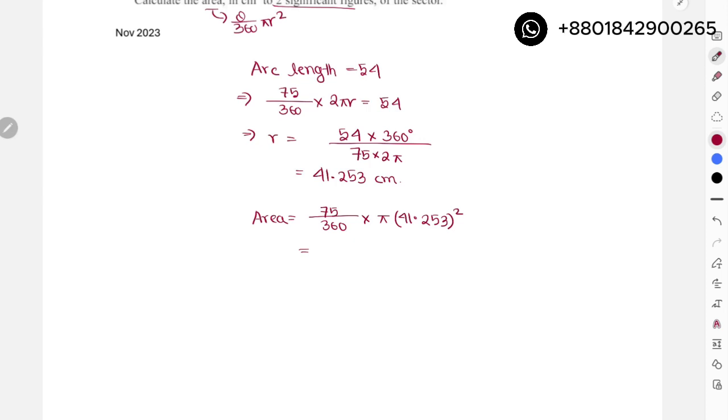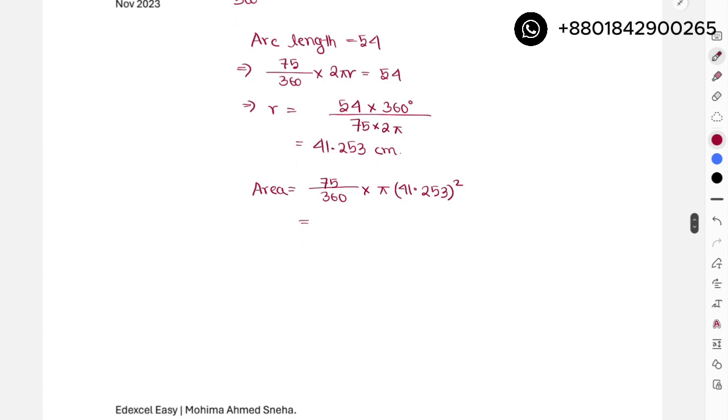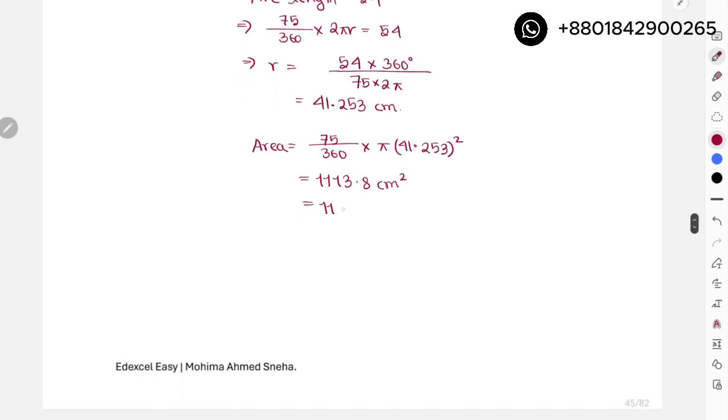And if I calculate this now, that leaves you with 1113832, which is a very big value, but in this question they are asking you to keep your answer in two significant figures. The answer that I get is 1113.8 centimeters square. If I round this up to two significant figures, we'll have 1100 centimeters square, right?